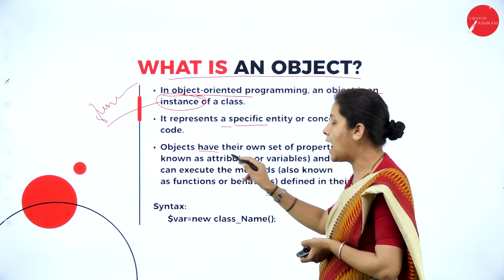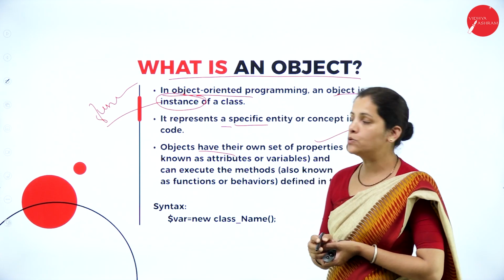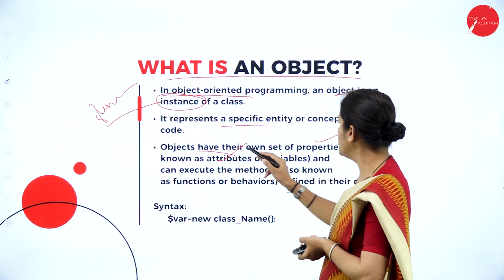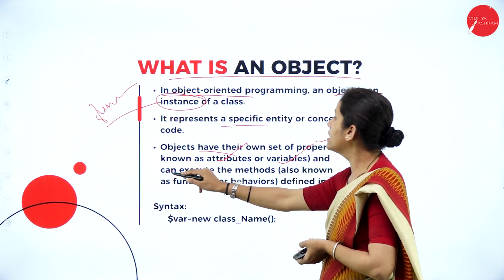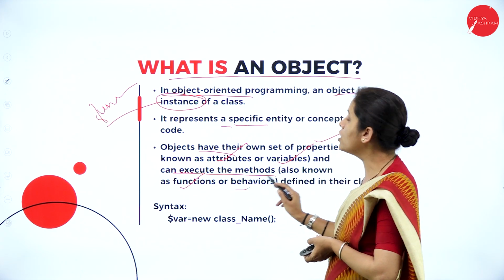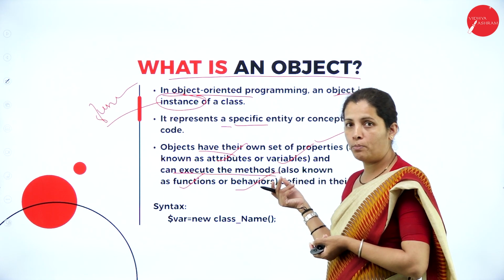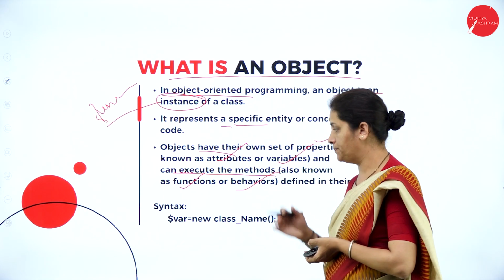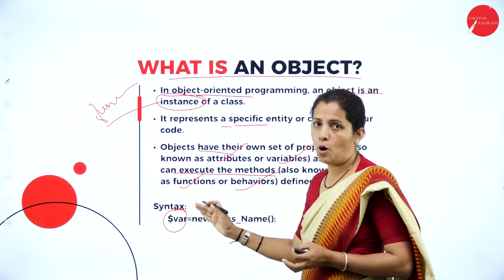An object has its own properties. Properties in the sense what? That is nothing but the attributes or variables. And it can execute the methods, also known as functions or behavior. So an object can have its own property as well as state. Here we discuss how to create an object.